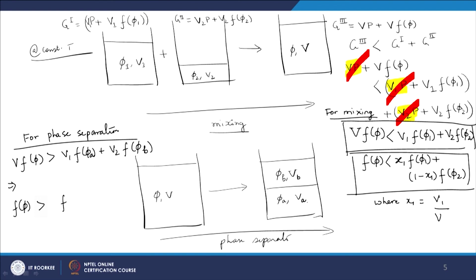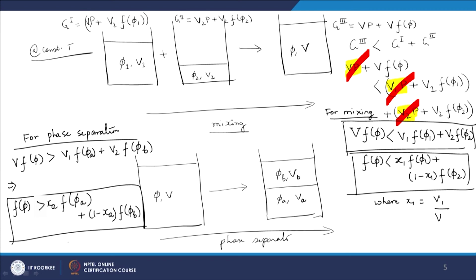The volume of the two phases has to be different; it must be V A and V B. So, now we have f of phi greater than x A f of phi A plus x B f of phi B, where x A is equal to V A by V.